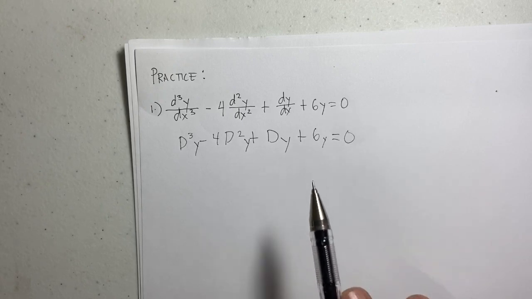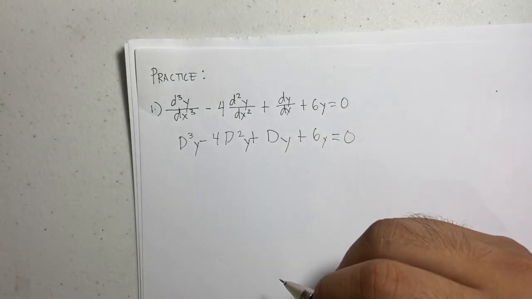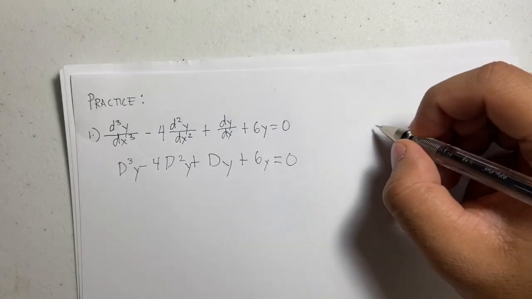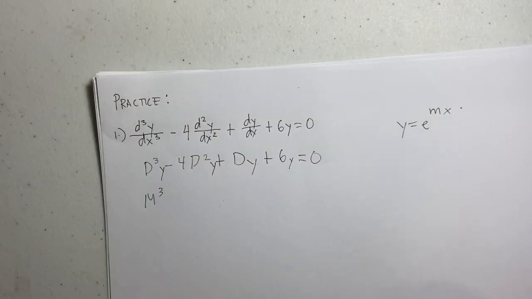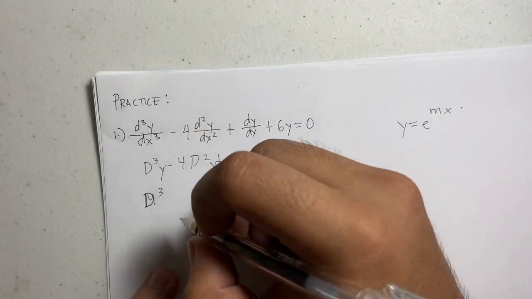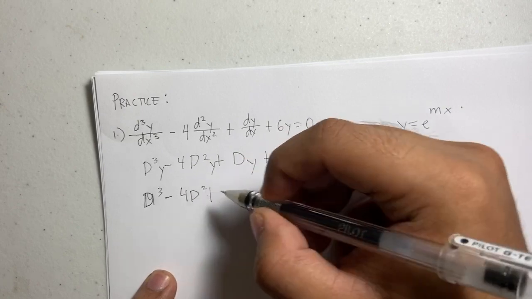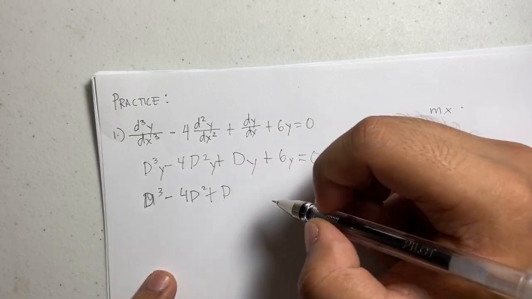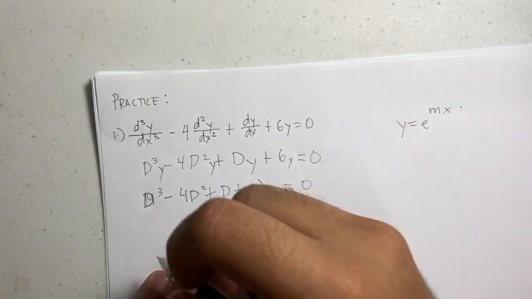Now we'll get our auxiliary equation where we let D equal to m for y equals e^(mx). Now we're going to convert it to differential form, which is D^3 minus 4D^2 plus D plus 6 times y equals 0.